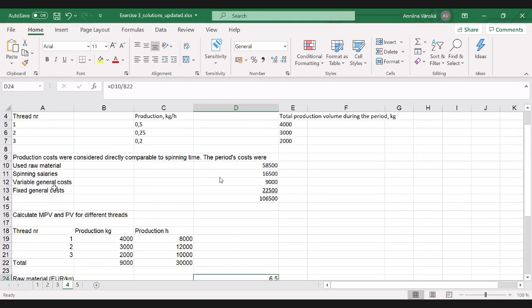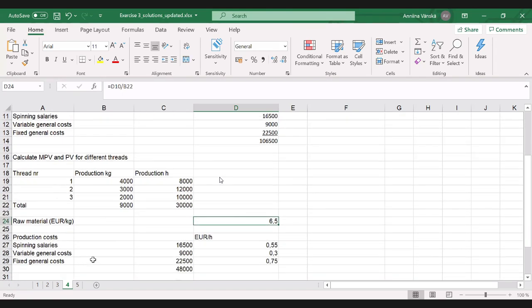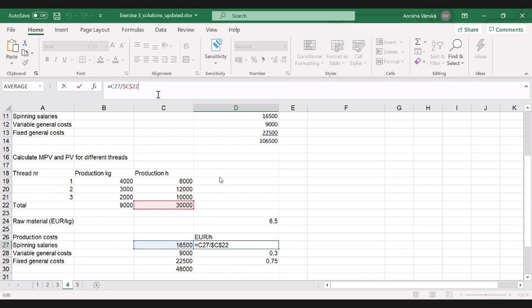So we had the costs here, and then we are calculating those per hour. So we had exactly the same figures as here. Then we now know the euro amount and the production hours. As we know the euros and we want the euro per hour, the easiest way is the euros are divided by the hours.